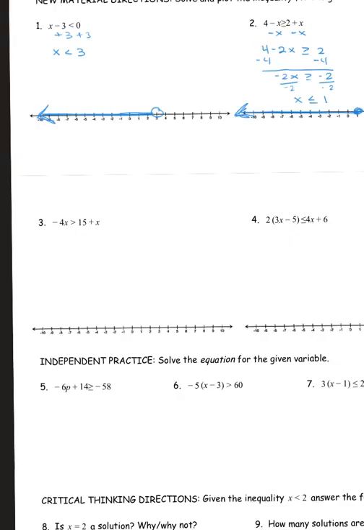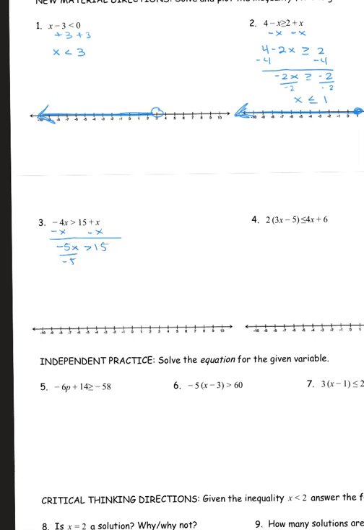All right, now let's take a look at number 3. Number 3 has negative 4x is greater than 15 plus x. Again, I want to make sure I have my variable on the same side of my inequality sign, so I'm going to subtract x from both sides. I get negative 5x is greater than 15.